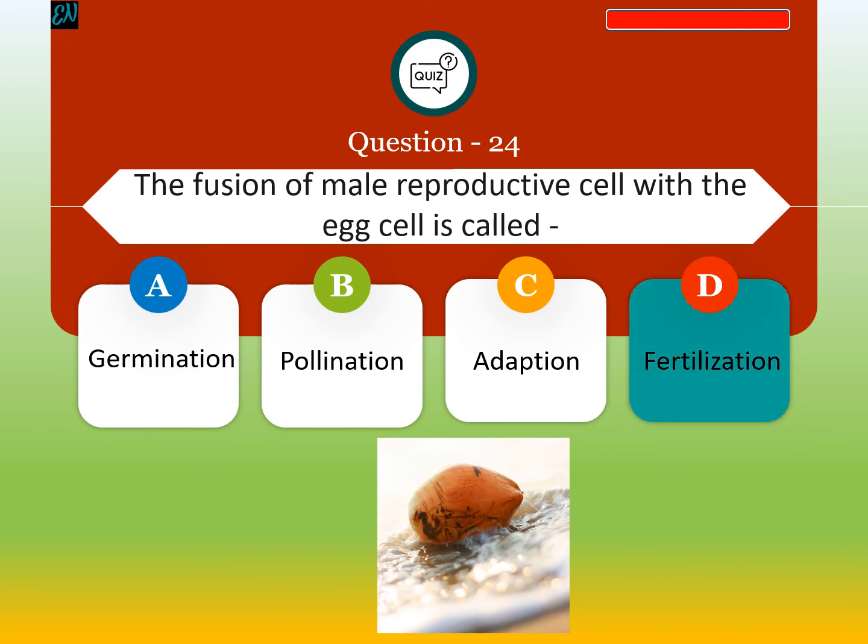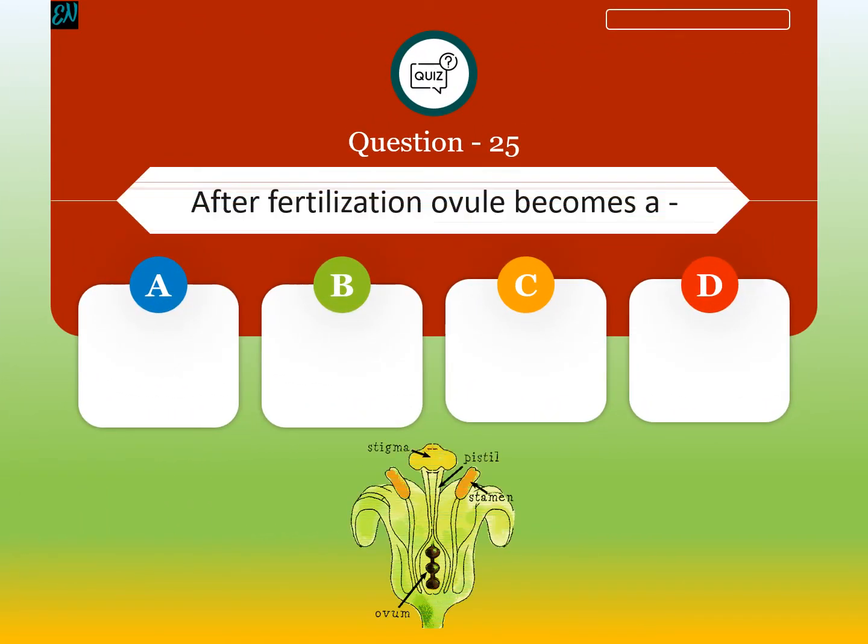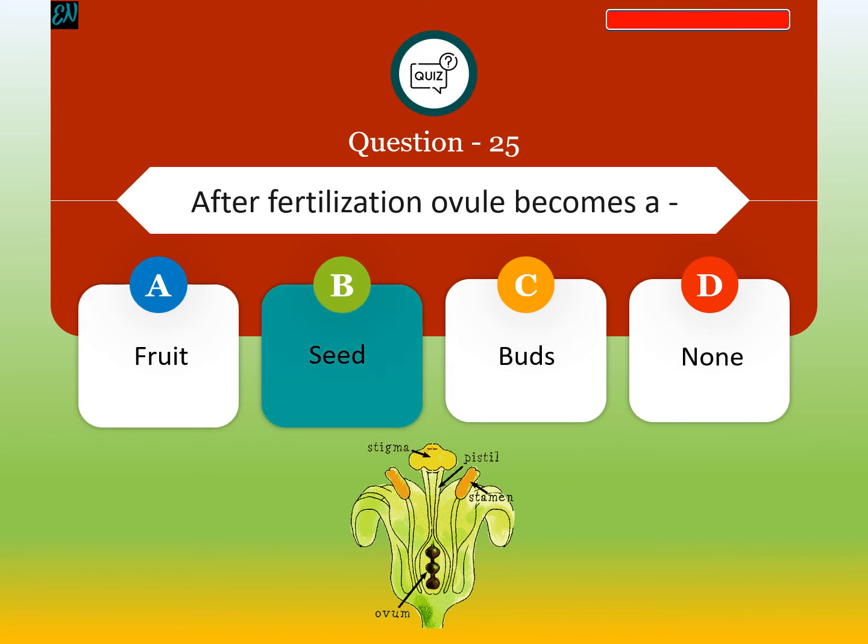And the correct answer is fertilization. The fusion of male reproductive cell with the egg cell is called as fertilization. Question number 25. After fertilization, ovule becomes a fruit, seed, buds, or none? After fertilization, ovule becomes a seed.